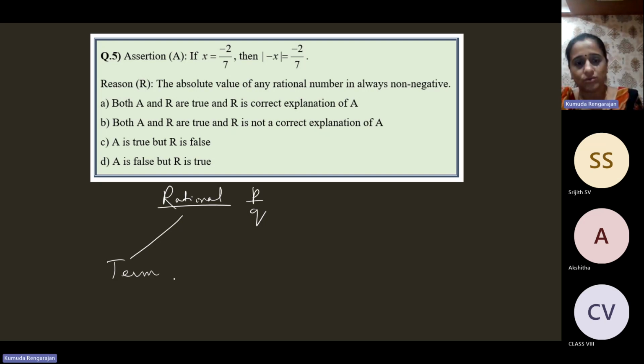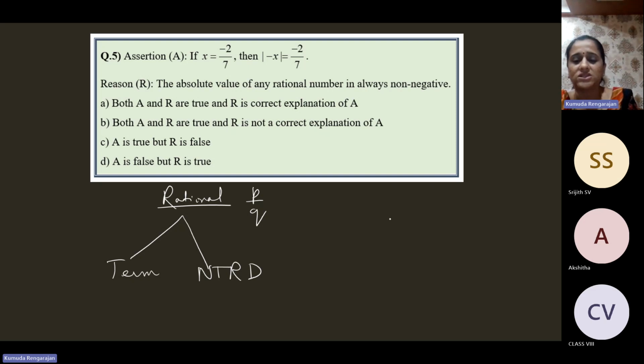Case 2, the division may not come to an end with a 0 remainder. Your hands are aching, the division is going on and on. The quotient will be a non-terminating but repeating decimal. So these are the two types of decimal expansions a rational number can have.